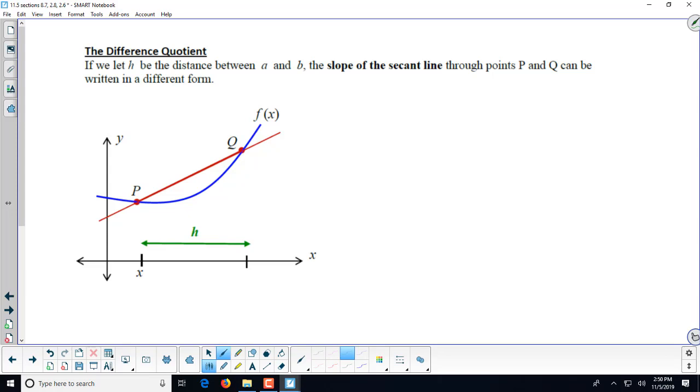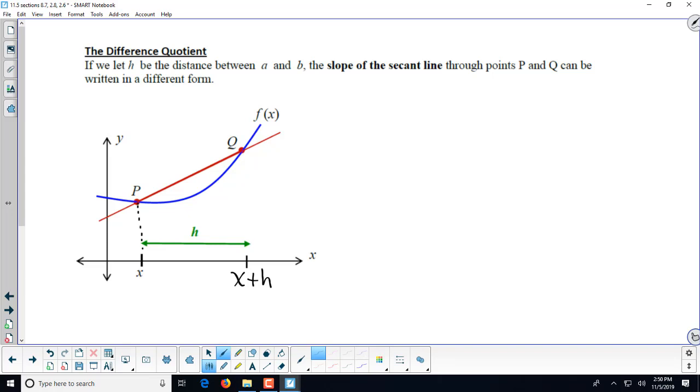So we're going to change our notation and say, if I know the x value, the beginning of my interval, and I know how wide my interval is, so if x is here, then I add some value h, then my final position would be x plus h, right, would be there, or my final time, whatever you call it, okay? So we're going to use this notation h instead of a and b, okay?